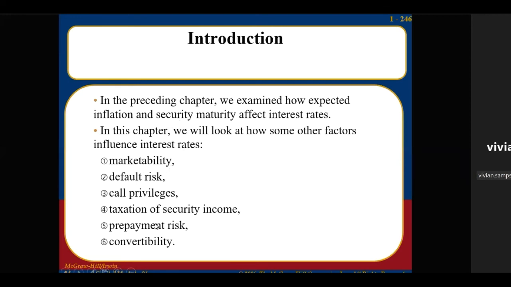How these features or attributes influence interest rates, and at the end of the day, how they also affect asset prices on the market: in terms of marketability, default rates, call privileges, taxation of security income, prepayment risks, and convertibility. How these factors influence interest rate determination on the market. So we are going to take them one after the other.